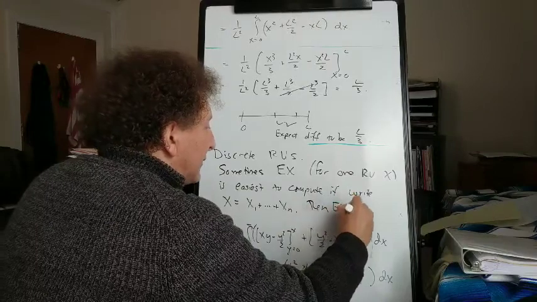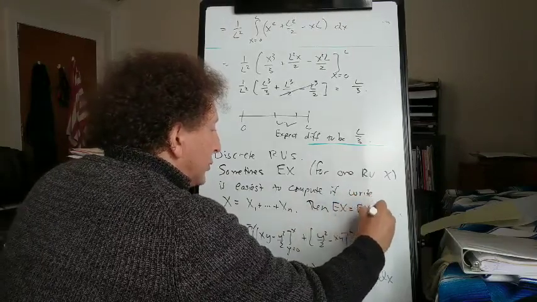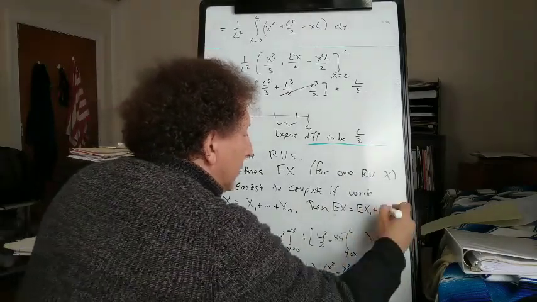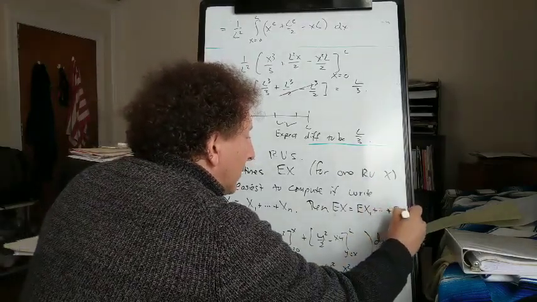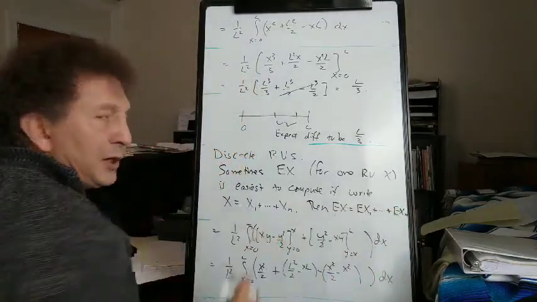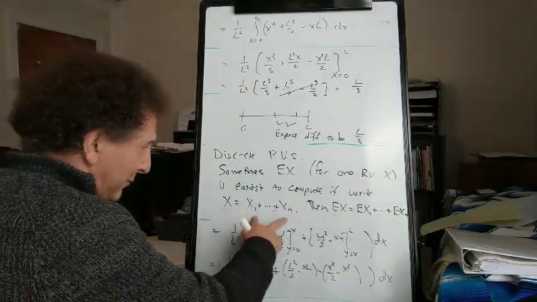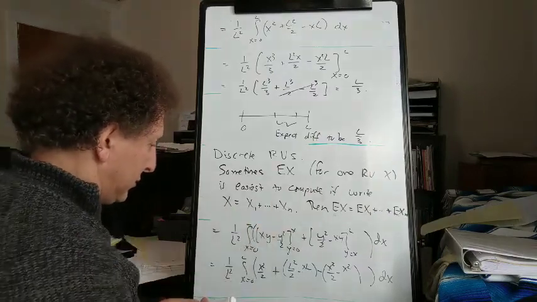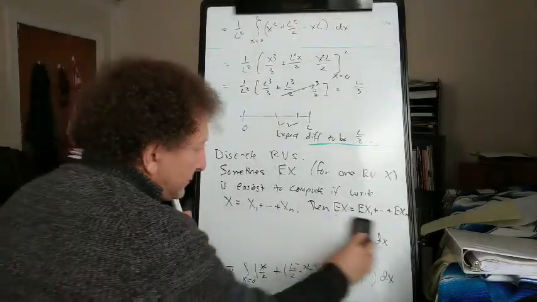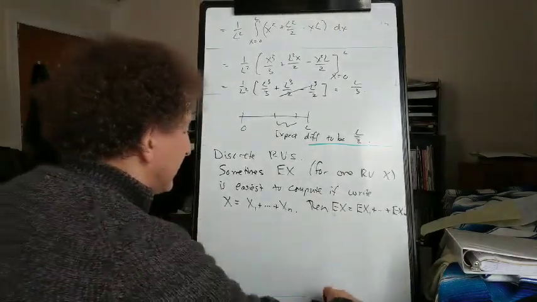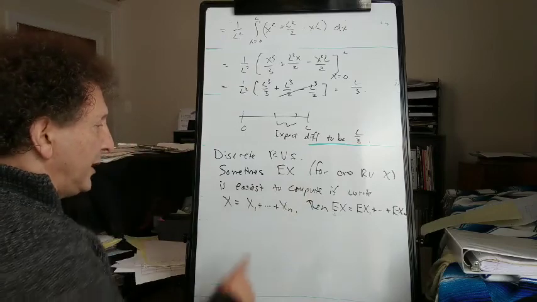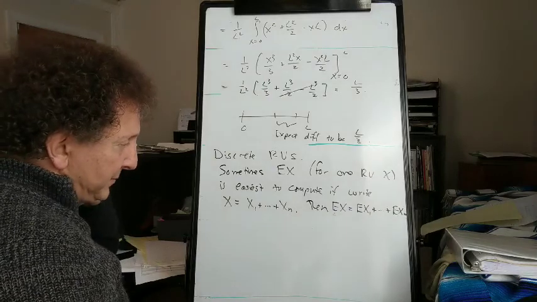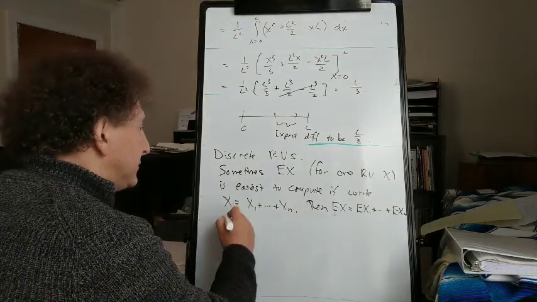Then the expected value of x is just going to be the expected value of the other random variables summed together. And that's true even if these variables are not independent. Even for dependent random variables, the expected value of a sum is just the sum of the expected values. Now this is especially useful if each of these component random variables that sum to the original one is a Bernoulli random variable.